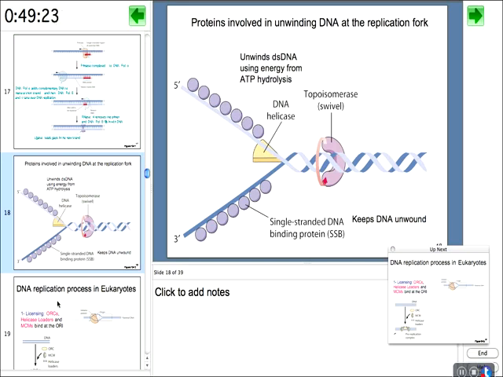So they hold the two strands apart during replication.